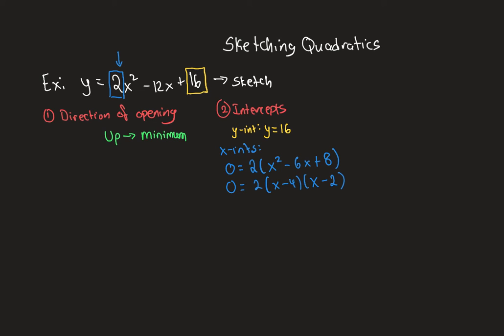So my x-intercepts in this case are going to be 4 and 2. Okay, so we've got our y-intercept, we've got our x-intercepts, and we have our direction so far. One last thing you're missing is your vertex point.